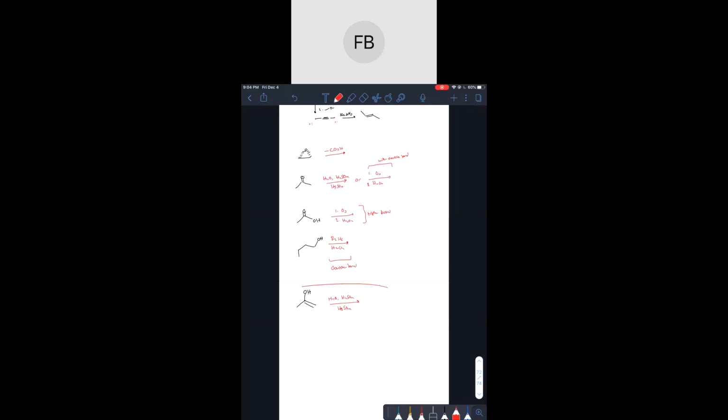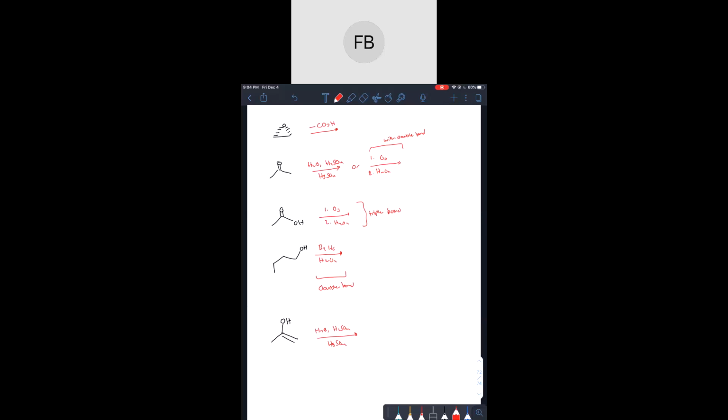Look at this one, that is similar to this one. So HgSO4, H2SO4 and H2O can produce both an enol or ketone form, so you can use that reaction for both examples.